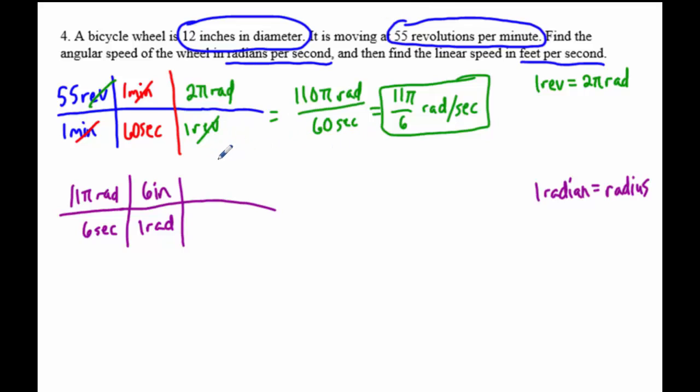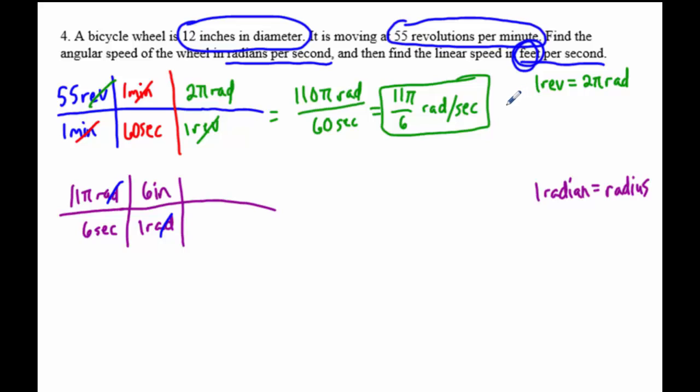How do you find linear speed? We're going to multiply by the radius, and then we're going to have to convert a little more. So here's the radius, but right now that's inches per second, and they asked me for feet per second, so I need to go from inches to feet. You multiply the angular speed by whatever the radius is and you convert.